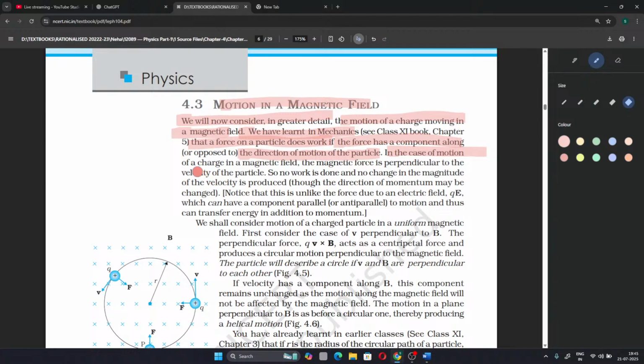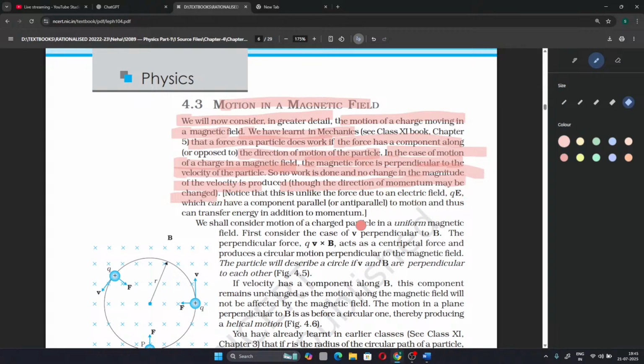In the case of motion of a charge in a magnetic field, the magnetic force is perpendicular to the velocity of the particle, so no work is done and no change in the magnitude of velocity is produced, though the direction of momentum may be changed.